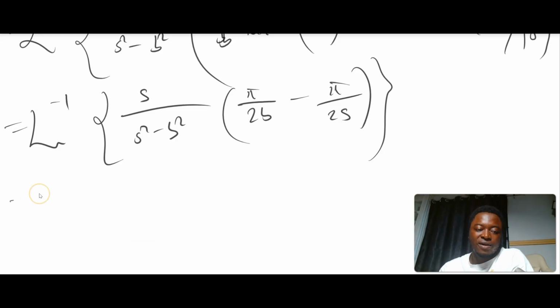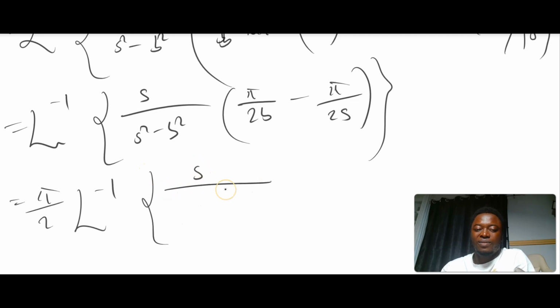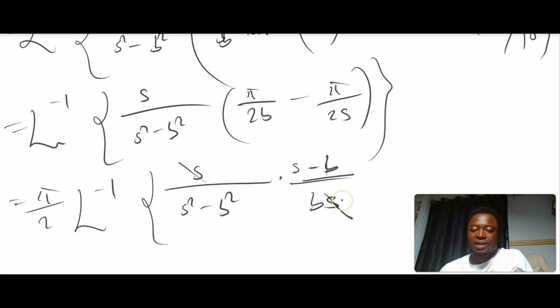So you have pi over 2 times the inverse Laplace transform of s, all divided by s squared minus b squared, times 1 over b minus 1 over s, which is s minus b divided by bs.